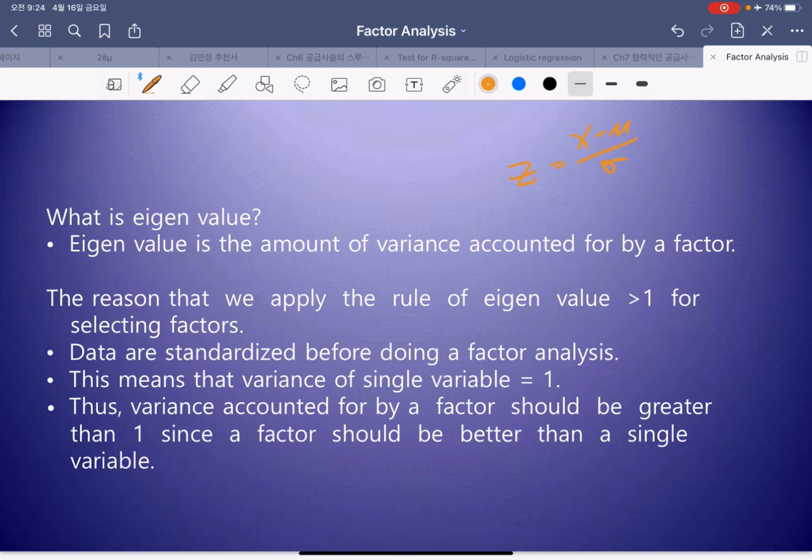The variance of z is equal to 1. Thus, variance accounted for by a factor should be greater than 1, since a factor should be better than a single variable. A factor is a combination of original variables, so a factor should be better than a single variable. That's why the eigenvalue should be greater than 1 if factors are selected.